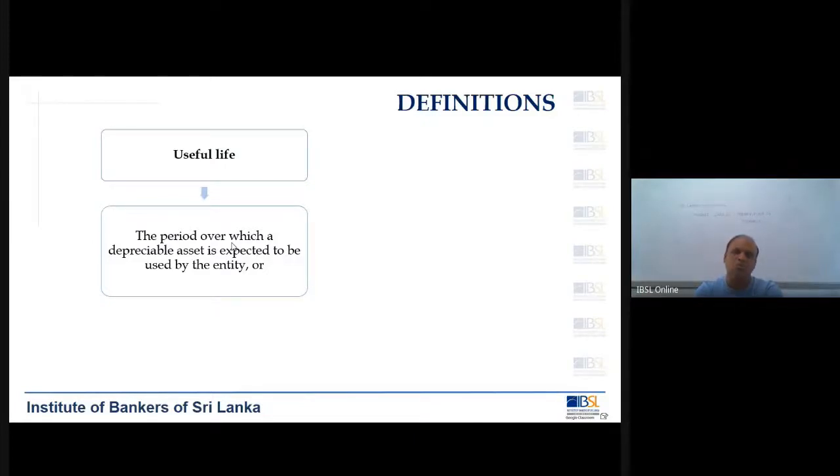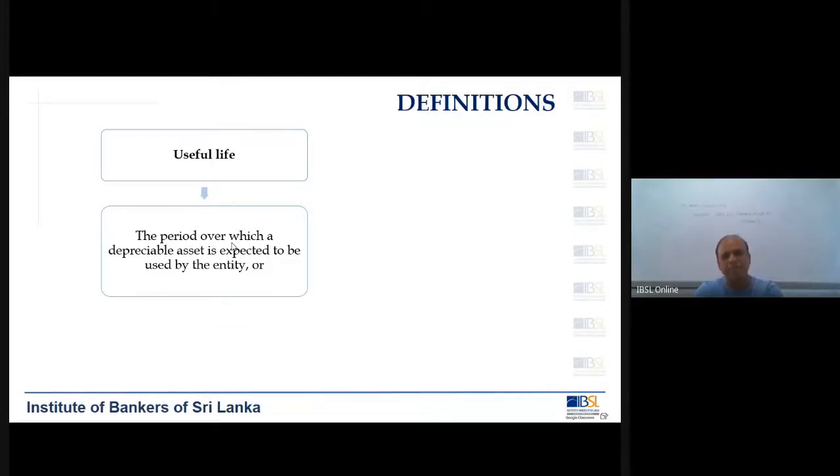So useful life is the period over which an asset is expected to be used by the entity. I'm not going to look at the term depreciable asset at this moment. Let's park it for the time being.